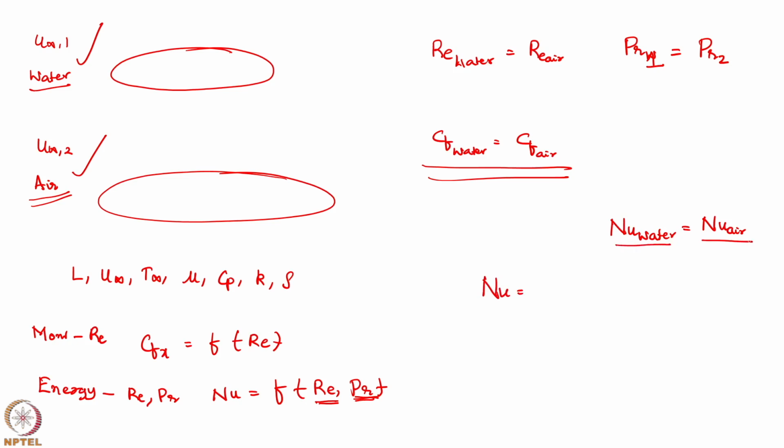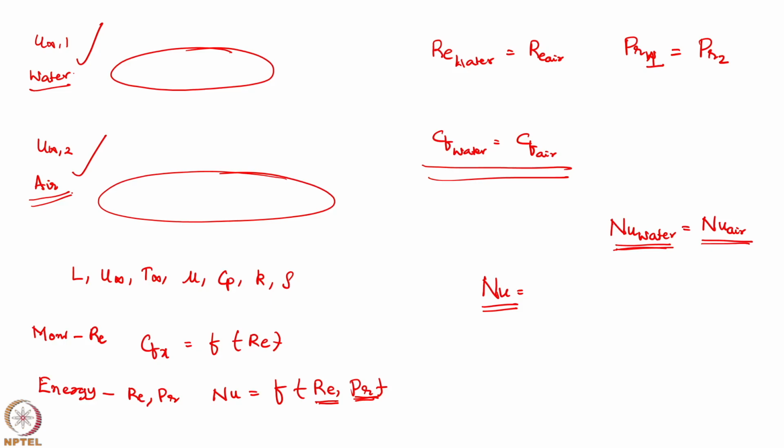Of course, for air and water the Prandtl numbers are slightly different, so you cannot directly use the Nusselt number results you get for water as air. The Nusselt h you cannot use, but you can use the Nusselt number results.